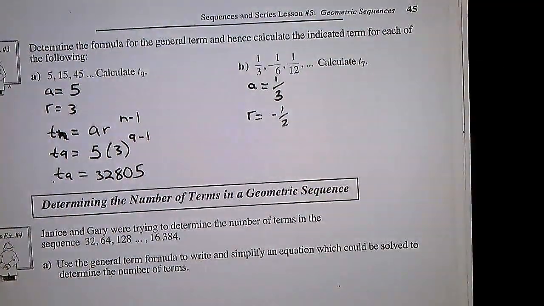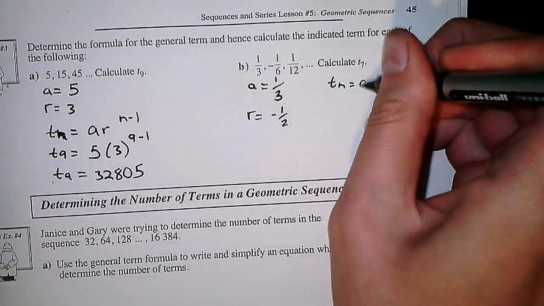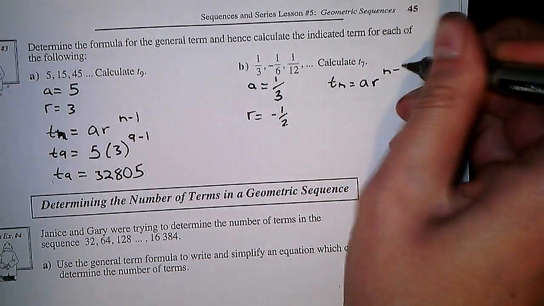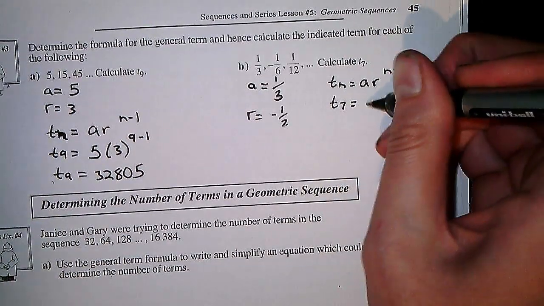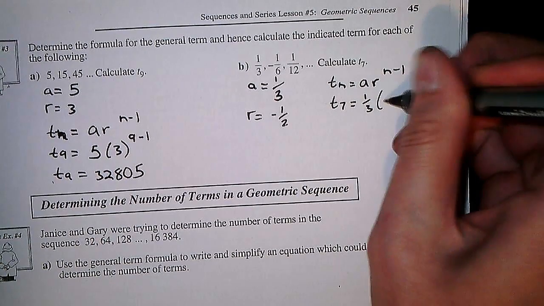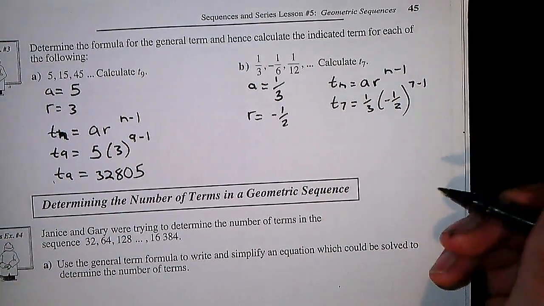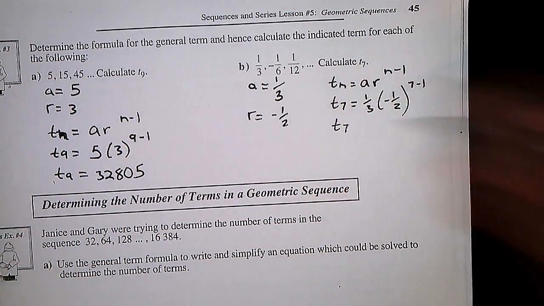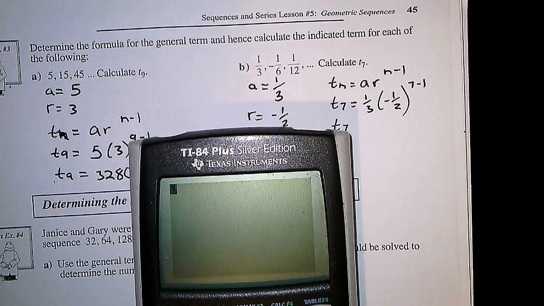Again, I would get negative 1/2. So I'm going to write the general term here. And then I'm going to calculate T7. A is 1/3, R is negative 1/2, and then 7 minus 1 is the exponent. So I can solve that on my calculator.